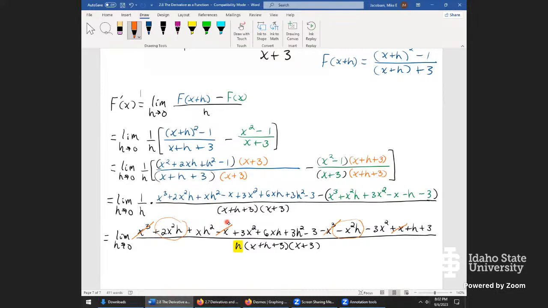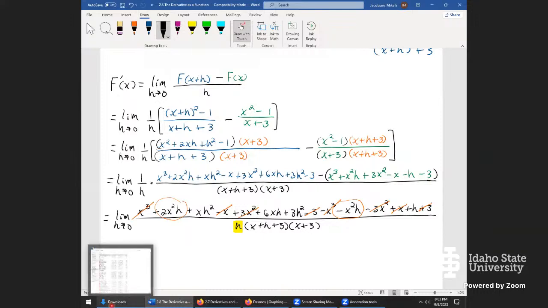There's a positive x to go with it. 3x squared has a negative 3x squared to the right. And what about this? 6xh? I don't see anything. I mean, it doesn't combine with this because the power of h is squared on that one. And it's power 1 here. 3h squared, I don't see anything. But minus 3 and positive 3 have to eliminate. That's all of our cancellations.